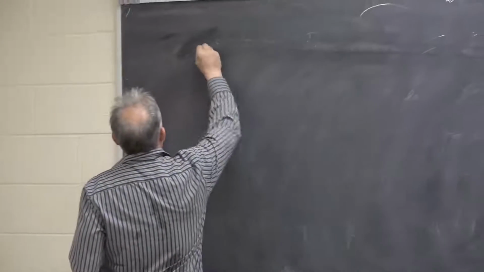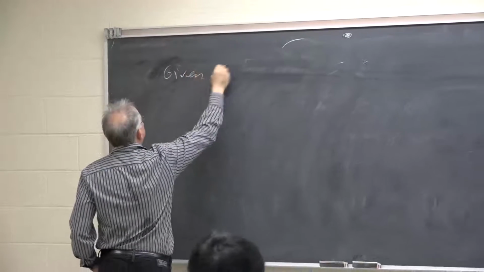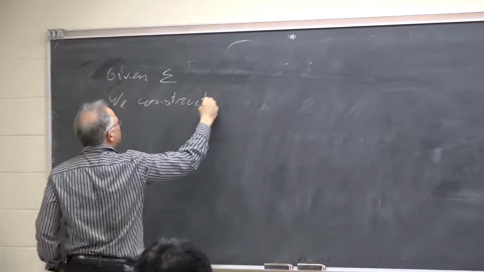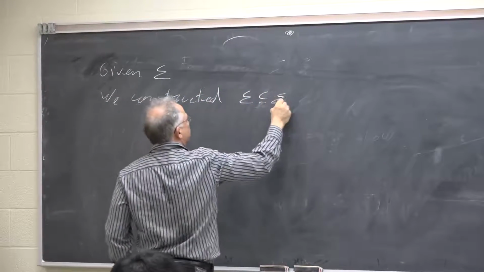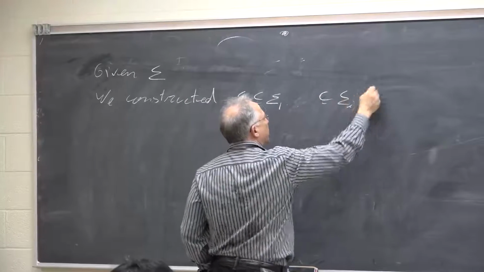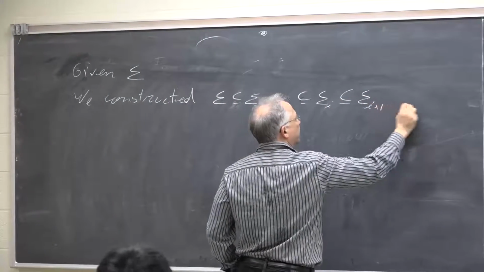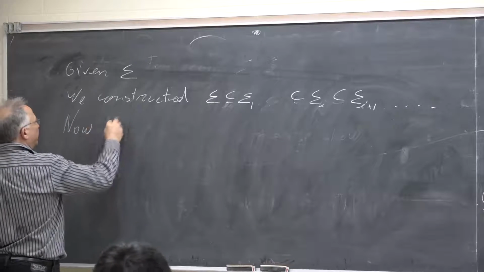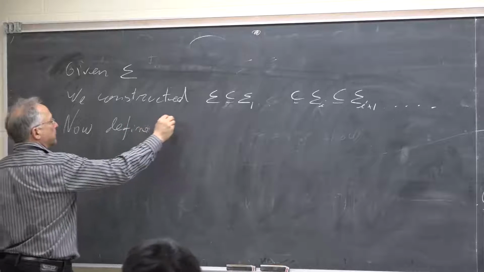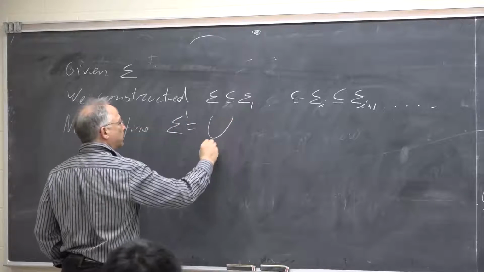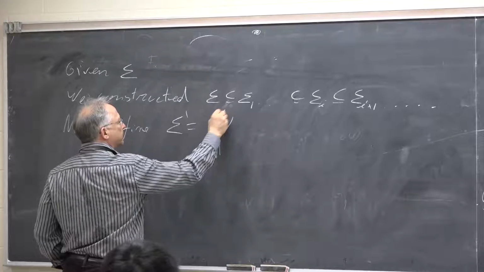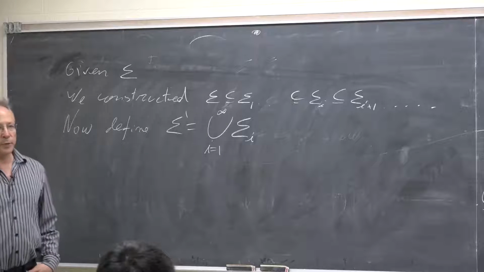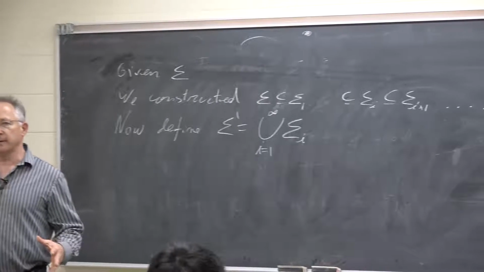We were given sigma, we constructed this sequence, sigma subset of sigma 1, subset of sigma I, subset of sigma I plus 1, and it went on for every I. Now, define sigma prime to be the union over all natural numbers of sigma I. So sigma prime is going to be the union of all of those sets.